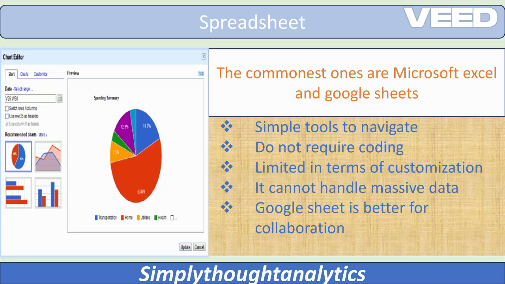So you can only do the chart based on the type of operations that are inbuilt into those software. You can't say that I want the chart to look like this based on my own specification; you may not be able to achieve that as long as that particular function is not part of the inbuilt ones.